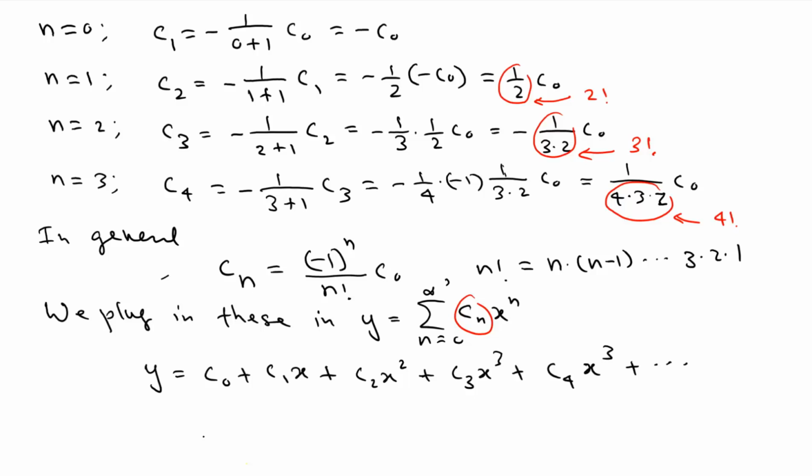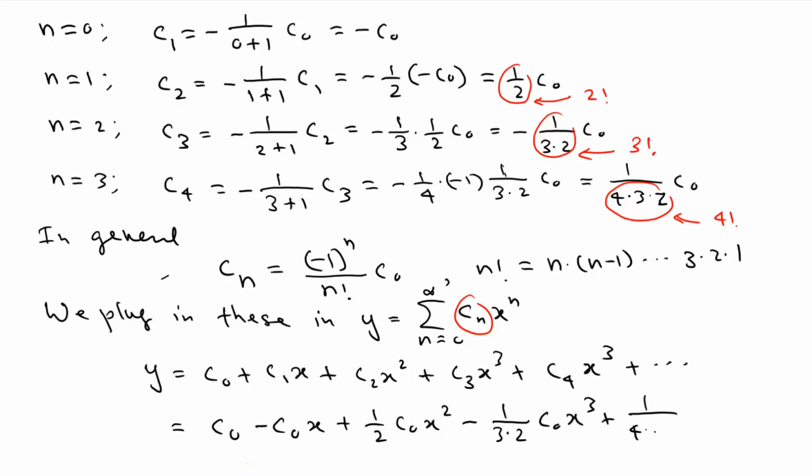Once you plug in, you can see this is simply c0. c1 is equal to negative c0 x, and the next one is c2 is equal to 1/2 c0, 1/2 c0 x², and then negative 1/3 c0 x³, and then positive 1/4·3·2 c0 x⁴, like that.